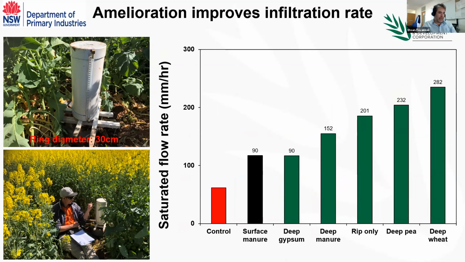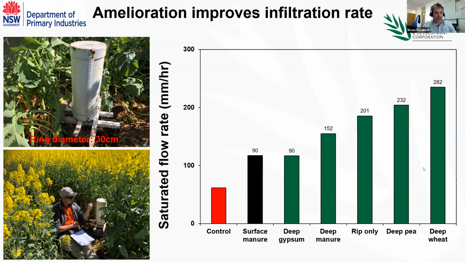and hydraulic conductivity is the capacity of the rain to penetrate into the deeper soil profile, because you want to improve that waterlogging condition if you experience it. Even then, you may still have water storage issues. So we did in-field hydraulic conductivity studies, and very similar to our observation with the roots, you will see that the deep placement of organic amendments improves the hydraulic conductivity quite significantly over a number of years.